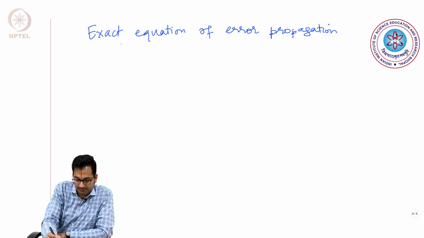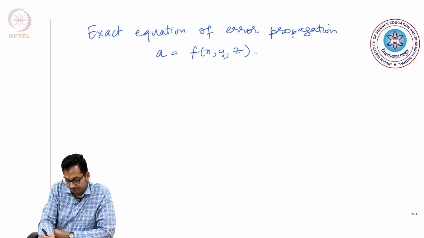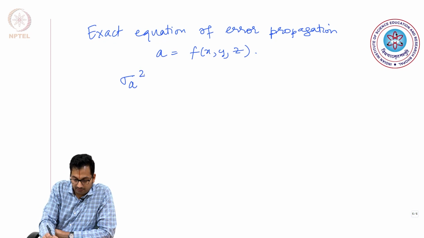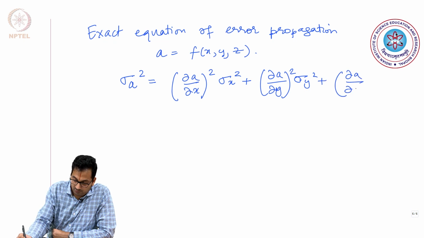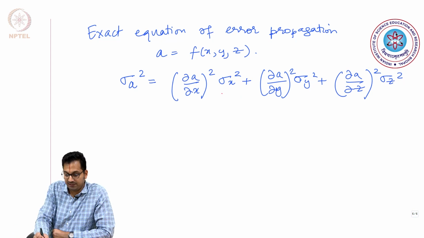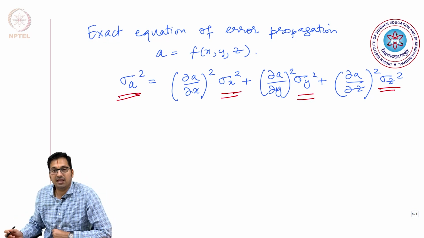Let us say you have once again A is equal to f of x comma y comma z, then sigma A square is going to be given by dou A by dou x the whole square sigma x square plus dou A by dou y the whole square sigma y square plus dou A by dou z the whole square sigma z square. So, what you are able to realize is for each of the independent variable that is associated with a certain variance, the variance of the final measured A will be determined.